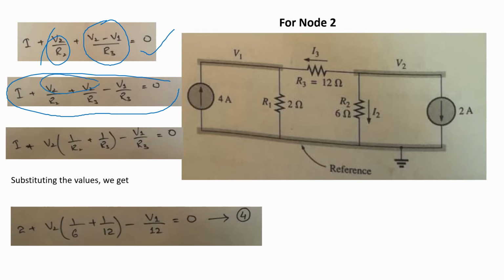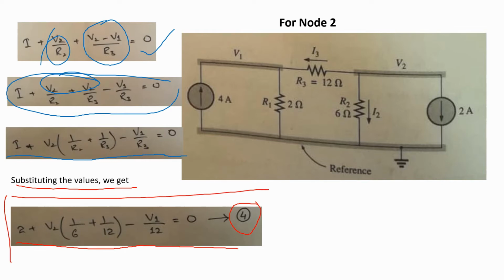Taking V2 common, we get I plus V2 into 1 by R2 plus 1 by R3 minus V1 by R3 equals 0. Substituting the values of R2, R3 and I, we get 2 plus V2 into 1 by 6 plus 1 by 12 minus V1 divided by 12 equals 0. We name this equation number 4. Basically, this is the equation of node 2 whose voltage is V2.